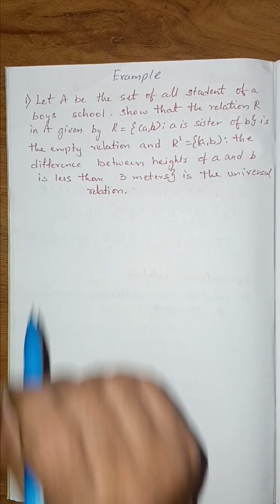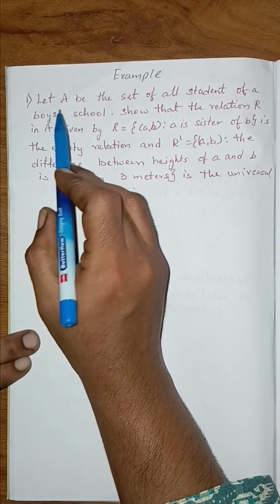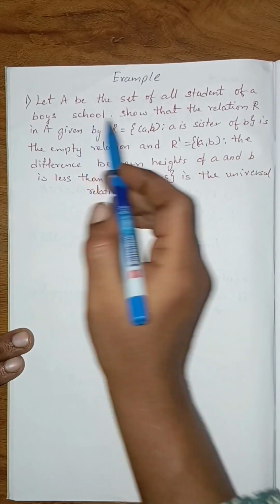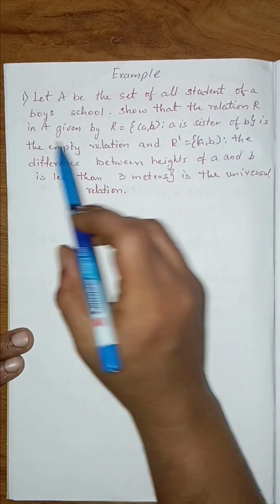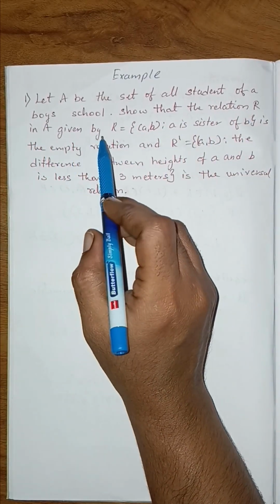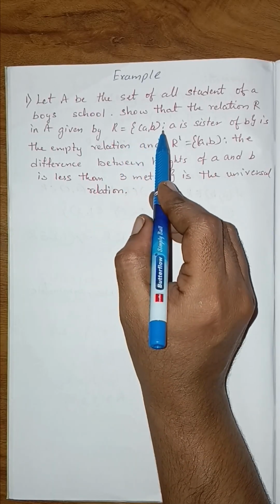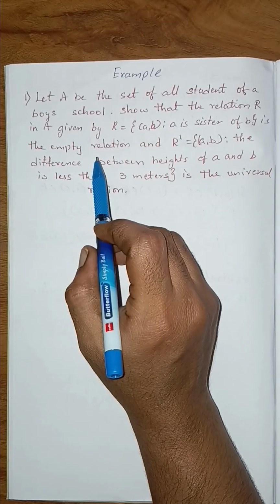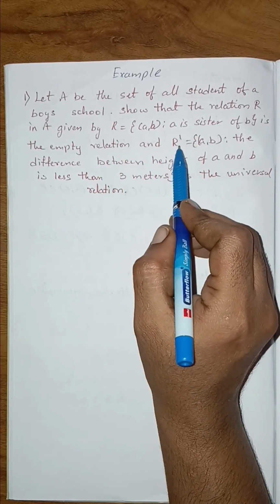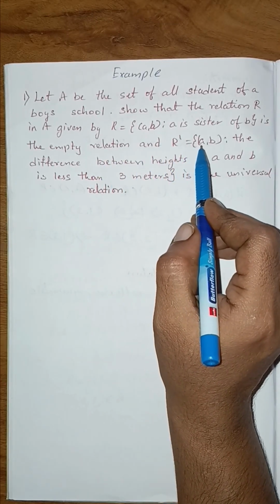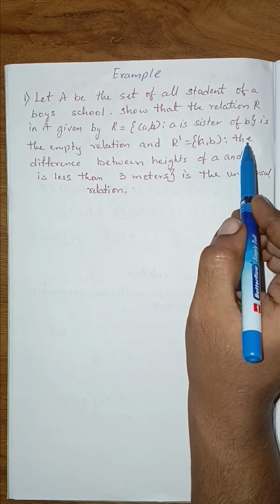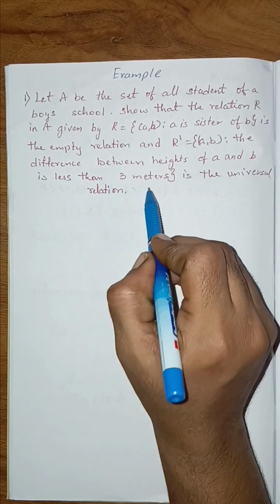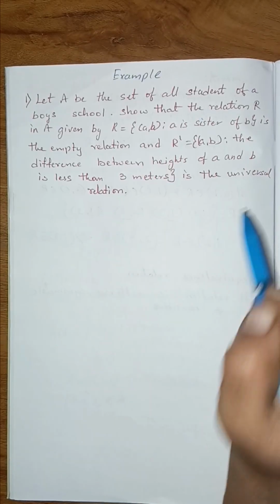Example number 1. Here they've given: let A be the set of all the students of a boys school, and show that the relation R in A given by R is (a, b), that is a is a sister of b, is the empty relation, and R' is (a, b) where the difference between the height of a and b is less than 3 meters is a universal relation.